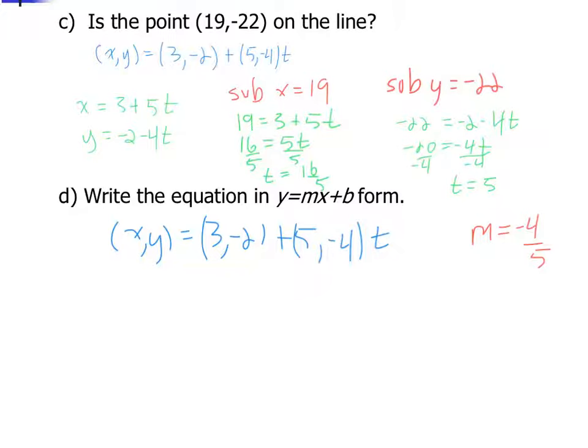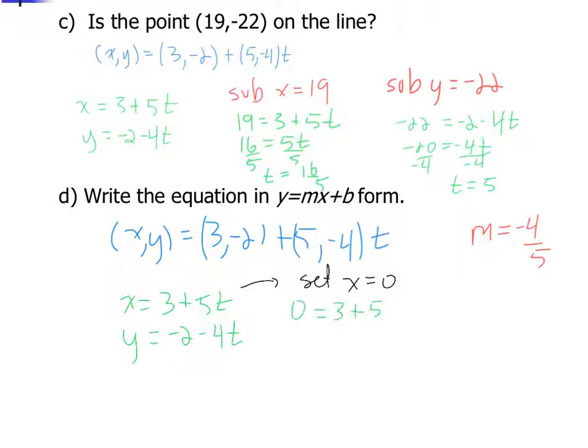So if we take those parametric forms, x equals 3 plus 5t and y equals negative 2 minus 4t, in the x equation we can set x equal to 0 because we know every y-intercept has an x-coordinate of 0. So we'll say 0 is 3 plus 5t, and we'll solve that to get t is negative 3/5. Once we know that t is negative 3/5, we sub that into y.